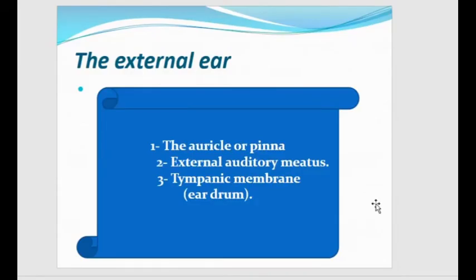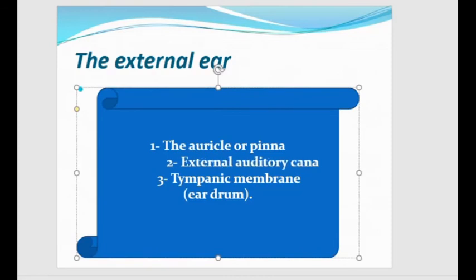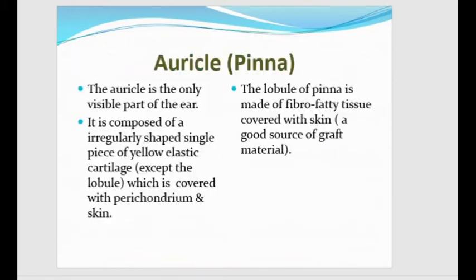Now let's come to discuss the first part اللي هي الاكسترنال ear. مثل ما قلنا الاكسترنال ear تتكون من الاوريكل او اسمها الثاني the pinna, then external auditory canal, and tympanic membrane اللي هو structurally is related to the external ear, functionally is related to the second part اللي هو middle ear. بس الأوريكل اللي هي هاي شكلها.